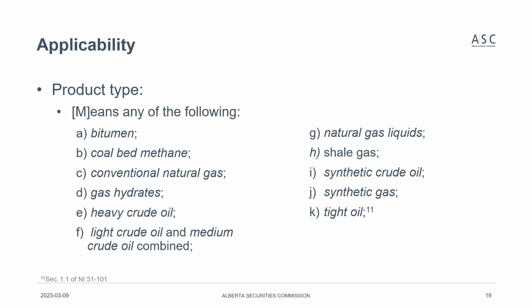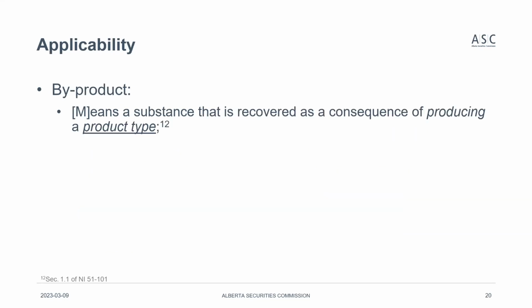I should mention the italics: when you see italics, that refers to a term that's defined either in 51-101 or 51-324. Each of these will have a definition, and they can be very specific. I would encourage you to read up on those individual definitions if you would like to understand these a little bit more. And then there's byproducts.